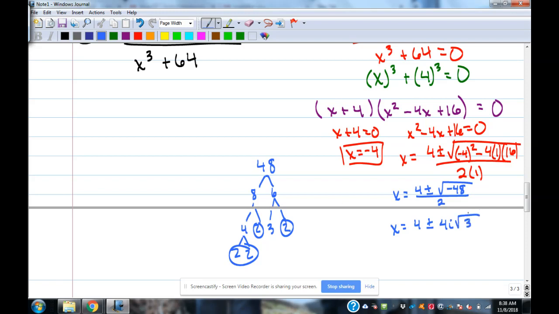A 3 left over, because that 3 right there is the one that's left over in there. All of it divided by 2, and I can simplify that a little bit because all those numbers outside of the radical are divisible by 2. So that's going to be x equals 2 plus or minus 2i radical 3.